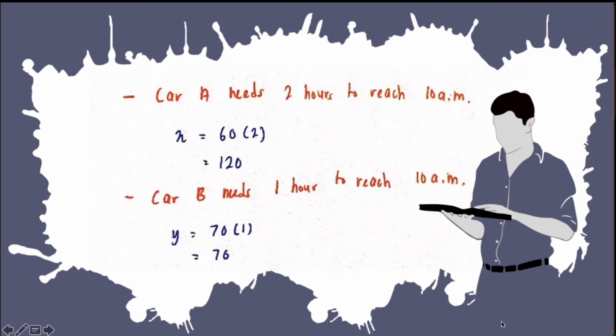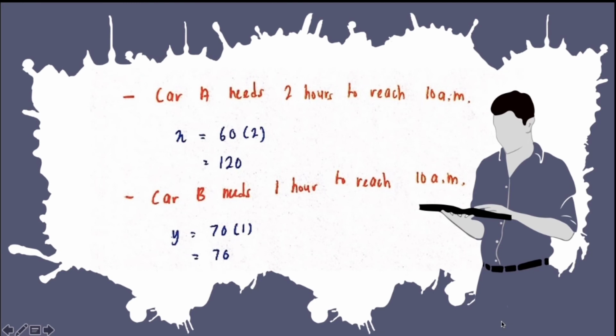Car A needs 2 hours to reach 10 a.m. So here we have x, which is the distance, equals 60 times 2, we get 120 kilometers. Meanwhile, car B needs 1 hour to reach 10 a.m. So y equals 70 times 1, we get 70 kilometers.